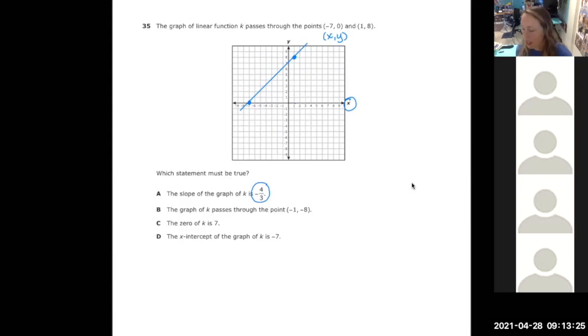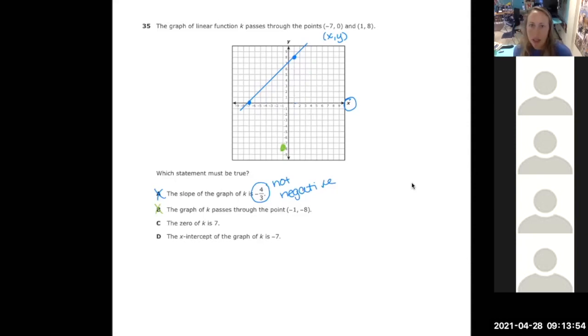So that means that it is not a negative slope. Okay, so A is not the answer. The graph of k passes through the point -1, -8. So let's look at that. -1, -8 is right here. So that one is not true.